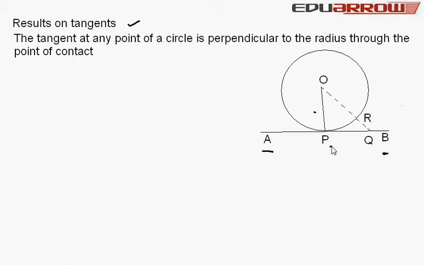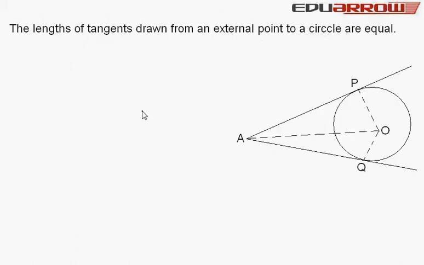Second result: the lengths of tangents drawn from an external point to a circle are equal.